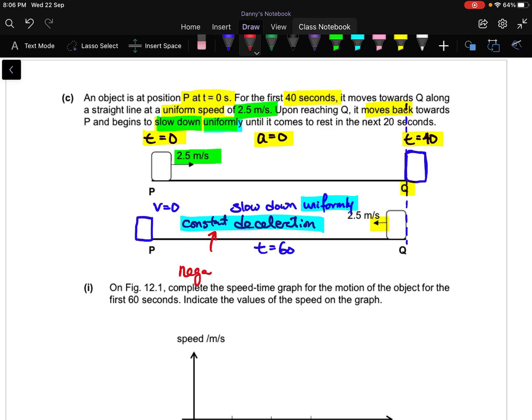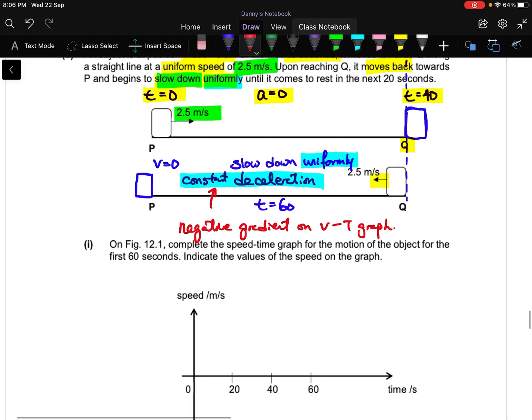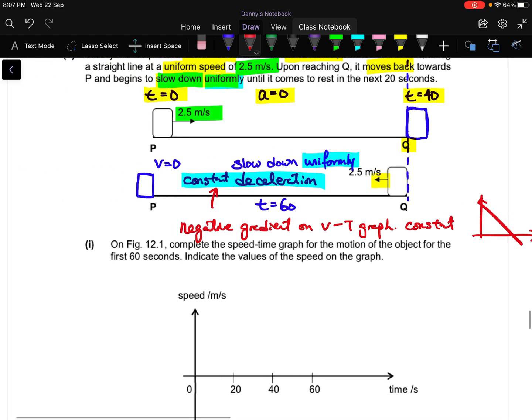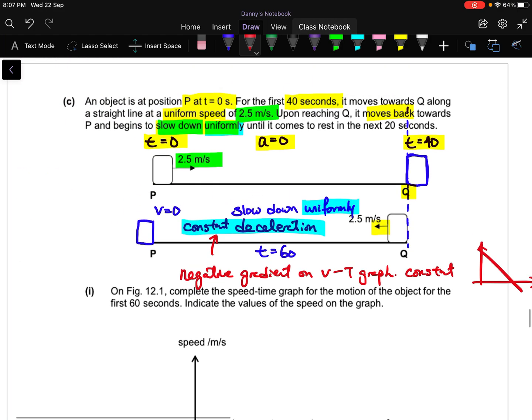Well, it means that I would expect a negative gradient on my VT graph, right? And this negative gradient will be a constant one, meaning that I'm going to get something like this. Okay, so that appears in my mind. Then I would know that it comes to rest in the next 20 seconds.